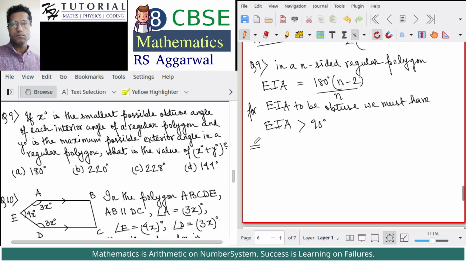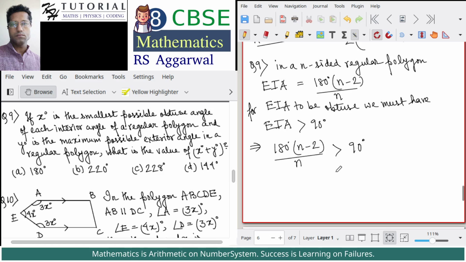Now this implies the formula for each interior angle of an n-sided regular polygon, 180 degree times n minus 2 divided by n, should be greater than 90 degree. We are just trying to find the n so that each interior angle is greater than 90 degree, but it must be the smallest obtuse angle.